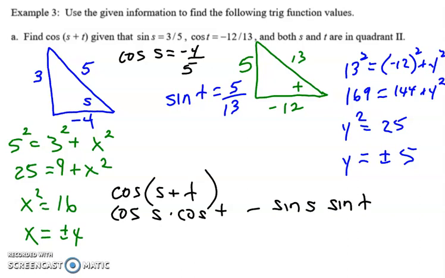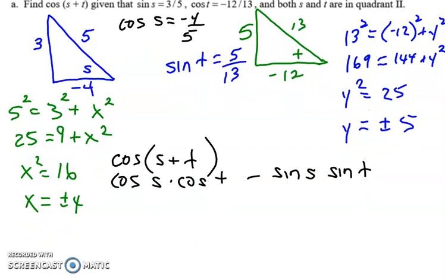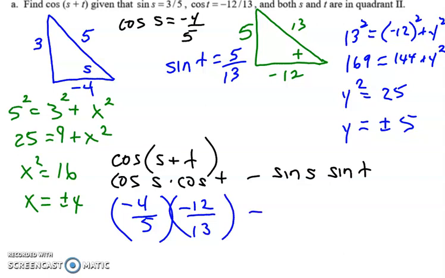So now you can just fill in based upon what we already found. Our cosine of s, negative 4/5. Our cosine of t is negative 12/13. Minus sine of s, given as 3/5. Our sine of t, we found to be 5/13.